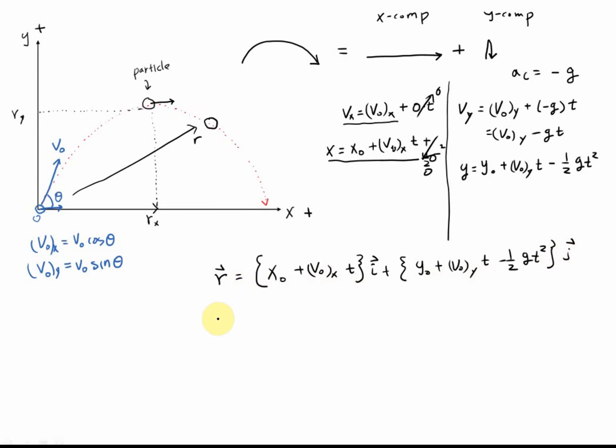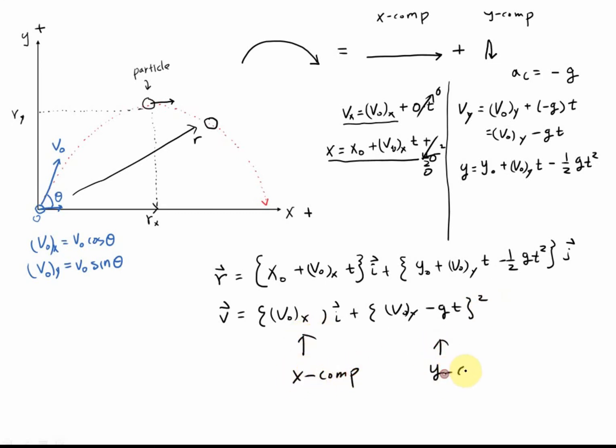That's my position. How about velocity? The velocity is v0x i and (v0y - gt) j, because these are all x components and these are all y components.